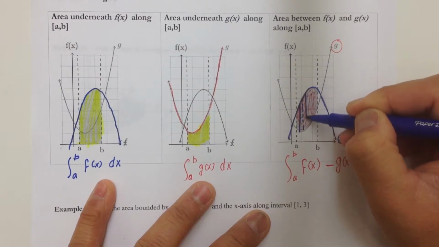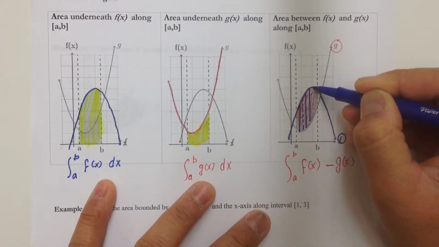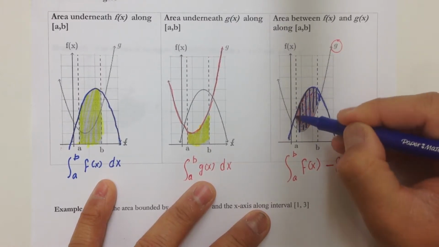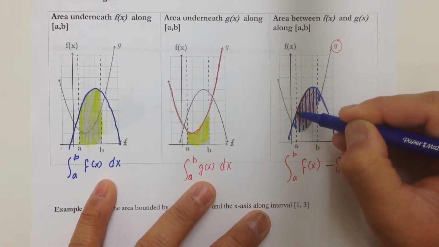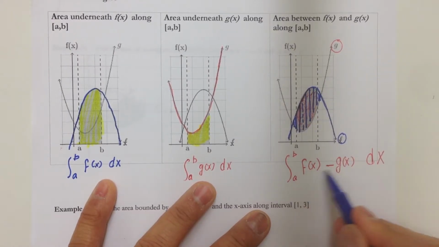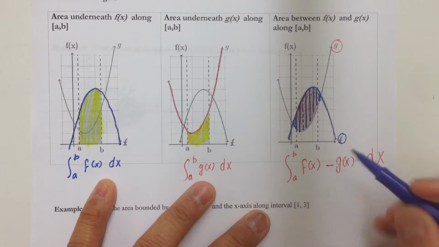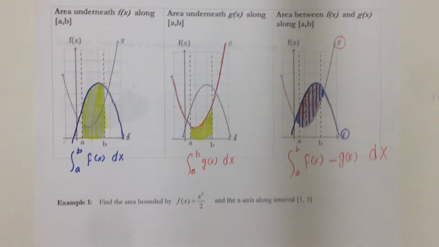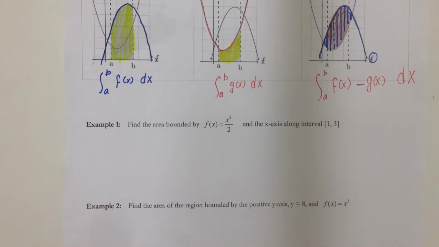Lines are really strips of rectangles, so we're adding a bunch of these. We're adding the strips of rectangles that connect from the top curve to the bottom curve, and that's how we find the area that's squeezed between two curves.